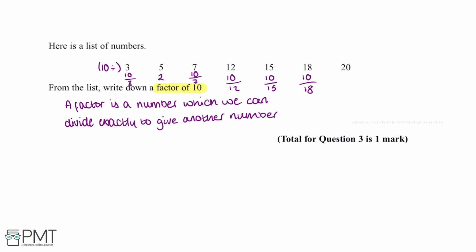And then 10 divided by 20 will give us 10 over 20. So what we can see, the only number which we can divide 10 by to give us a whole number is 5. So therefore, the only factor of 10 from this list is 5. And this is our final answer. And this question's worth 1 mark, and this is for the correct answer.